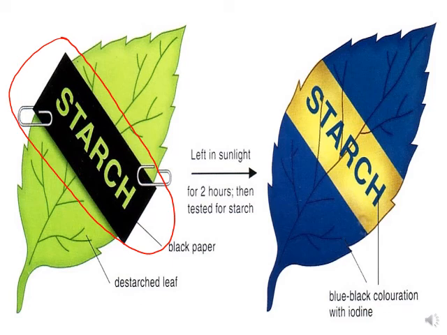However, the part that is not covered and is exposed to sunlight shows a dark blue color. This means that light is important for the process of photosynthesis. Without light, there is no production of starch and there is no photosynthesis.